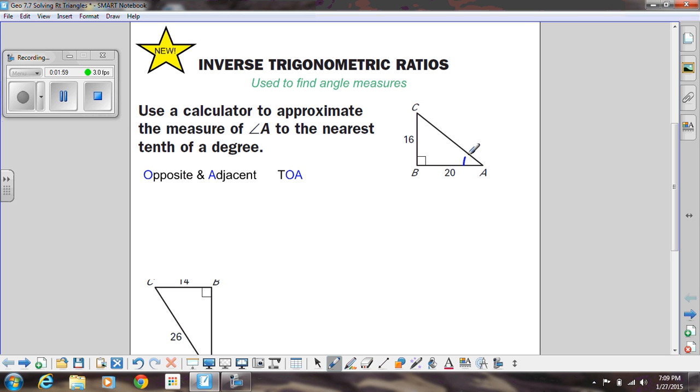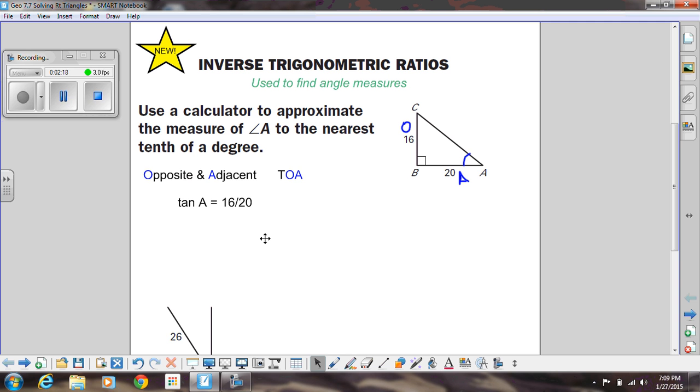Here's angle A, and this side 16 is opposite and 20 is adjacent. So that means we're doing TOA, which means we're going to set up a tangent equation. So I'm going to say tangent of angle A is equal to 16 over 20.